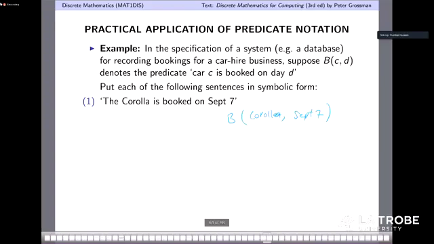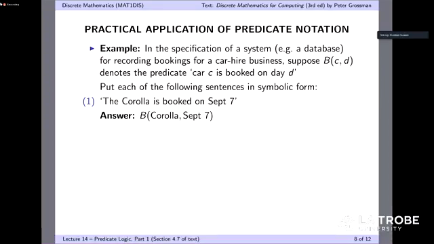It says there is a car and it's booked on September 7. What's the car? Corolla, and booked on September 7. We move on to slightly more. There are 7 or 8 examples we're going to do, and every example has certain features different to the others. So if we can understand all examples, predicate logic would be clear to you.